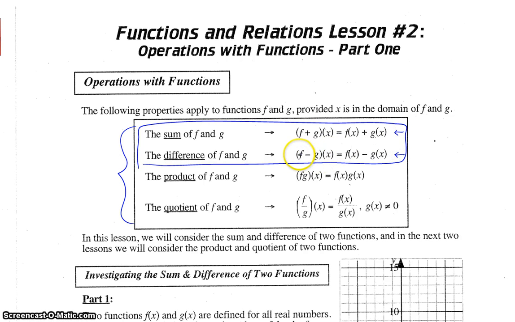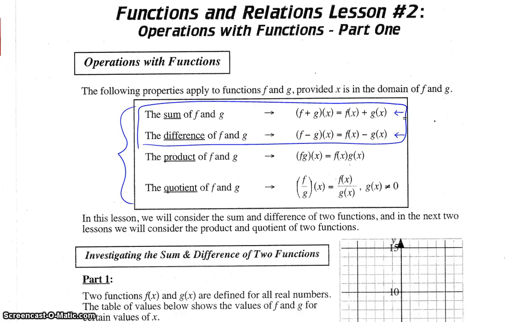If you see (f minus g) of x, that is the same as f of x minus g of x. So we're going to be using those two formulas. Not that they're provided on your formula sheet, you just need to remember those to do this lesson.